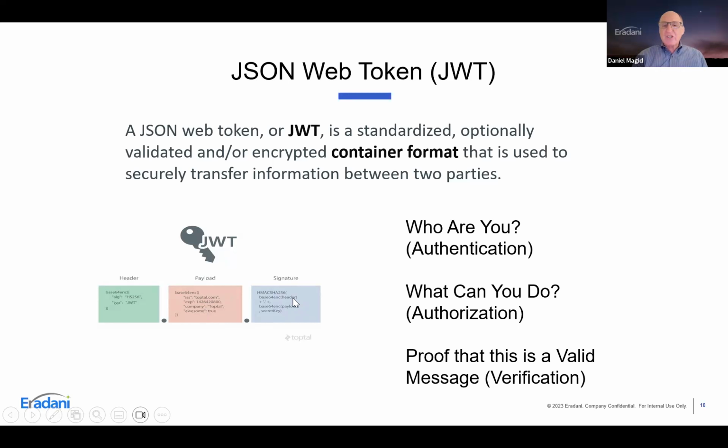And then it has this signature, the signature that I talked about earlier that says that this is a hash of the message. And if somebody changes the message, this signature will change. And so the receiver will know that the message has been tampered with. So you have a way, it's a container for your messages to make sure that they're secure and that they haven't been tampered with.